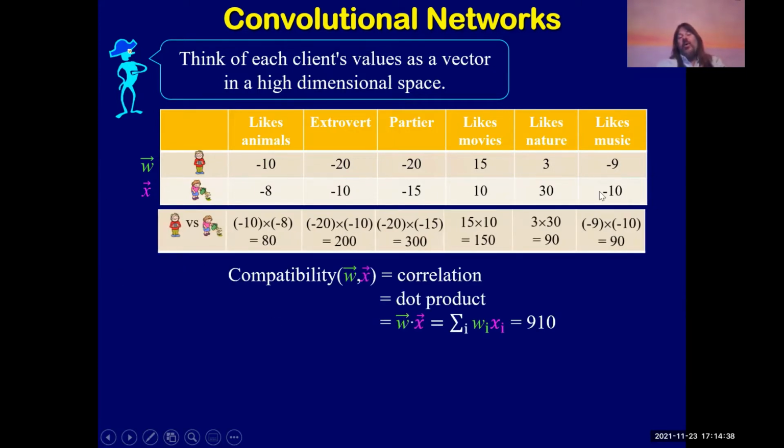And the way we find out are these two people compatible is we kind of measure the correlation between how these vectors are similar. And that's done by taking a dot product. Remember, a dot product multiplies these two numbers and multiplies these two numbers. In each coordinate, it multiplies the pair of numbers, and then it adds it all up. And that tells us whether they're correlated or not, the dot product.